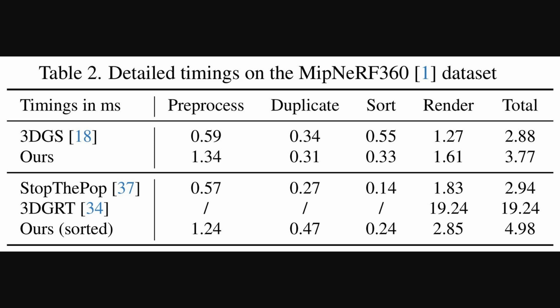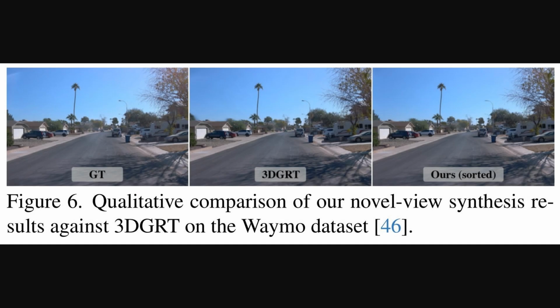Okay, so speaking of datasets with more complex cameras, Figure 6 shows a visual comparison on the Waymo dataset. This dataset is known for having camera distortions and rolling shutter effects. We see the ground truth image on the left, the result from 3DGRT, that ray tracing method, in the middle, and our 3DGUT method, the sorted version, on the right.